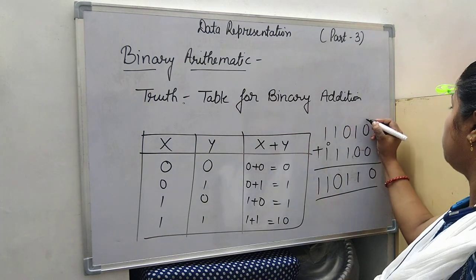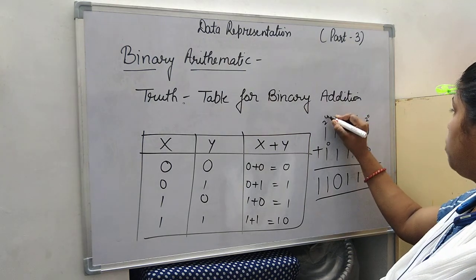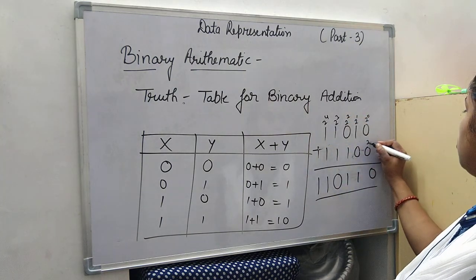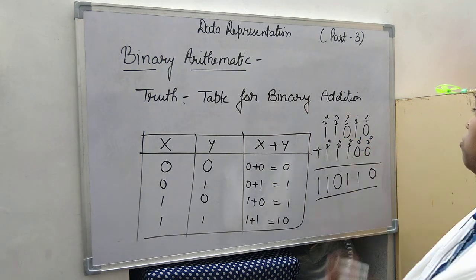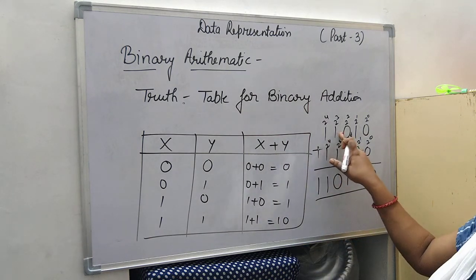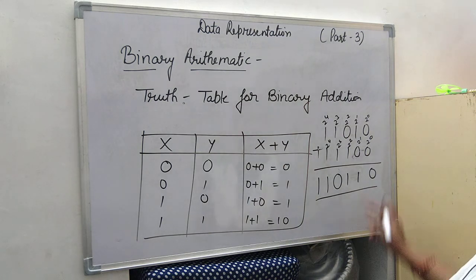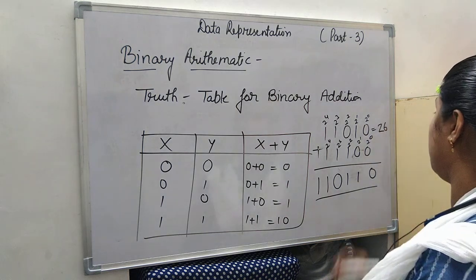We can see that it is 2 power 0, 2 power 1, 2 power 2, 2 power 3 and 2 power 4. In the same way for the other number. Whenever there is a 1, we add these powers. So 2 power 4 is 16, 2 power 3 is 8 and 2. So 8 and 2 is 10, and 16 gives you 26. So this number is 26.